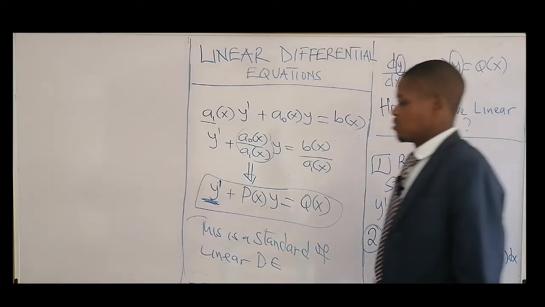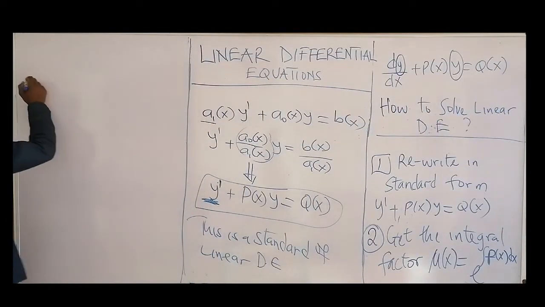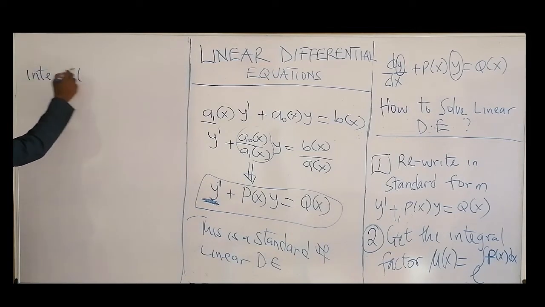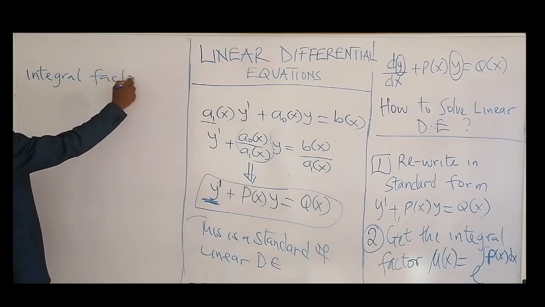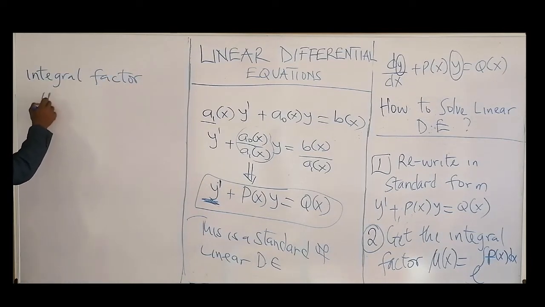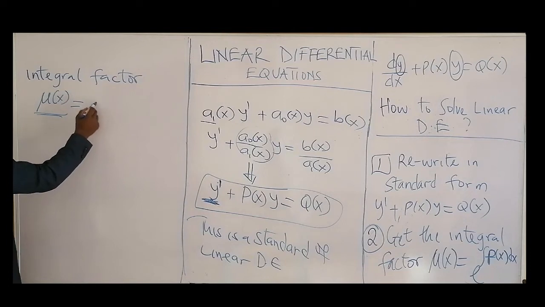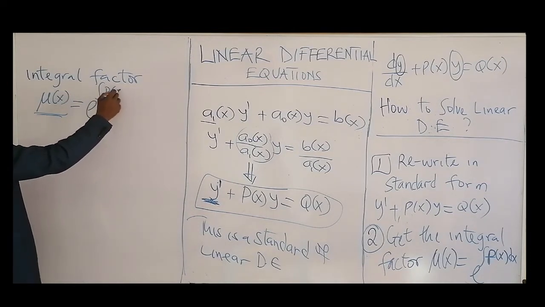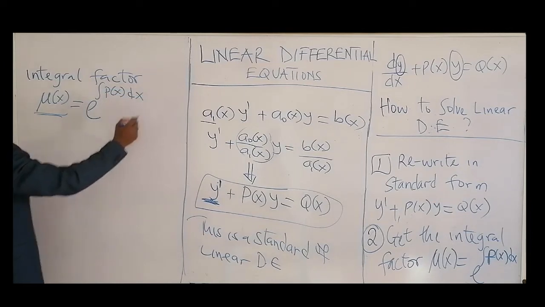Okay, that's the integral factor. Let me repeat that here. The integral factor has this formula: the symbol for integral factor is equal to exponential to the power of integral p of x dx.